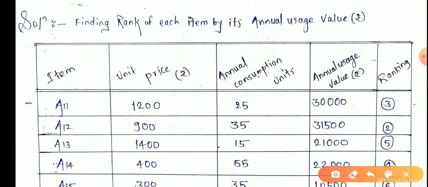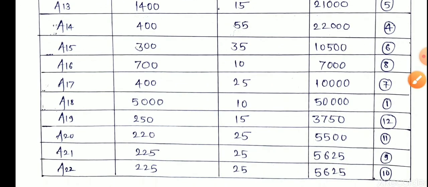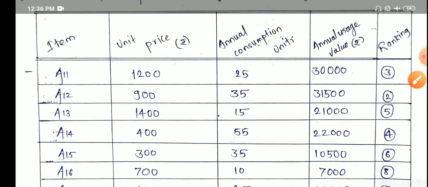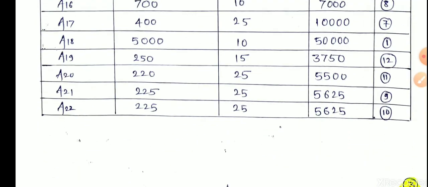According to ranking, we write the first rank item in the first row, the second rank item in the second row, and the 12th rank item last. Which one is this? A19 has the 12th rank. This item is always at the last point of the next table, because here there are 12 items, A11 to A22.